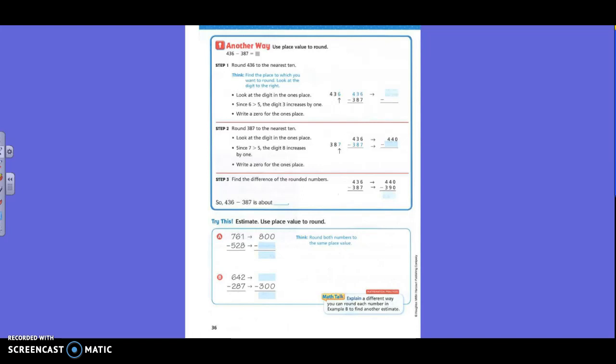Round 436 to the nearest 10. Okay, so what would it be to the nearest 10? If you don't remember, you can circle the 3 because that's the number you're going to change, the tens place. What does the 6 tell the 3 to do, everyone? Go up. So it would be 440.